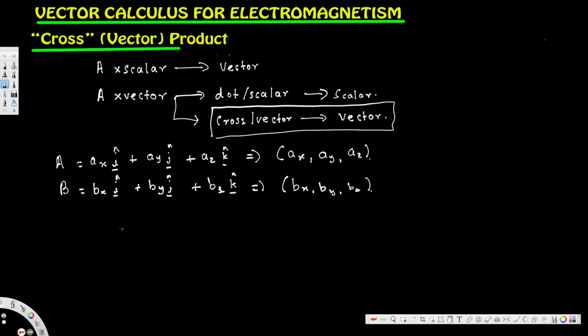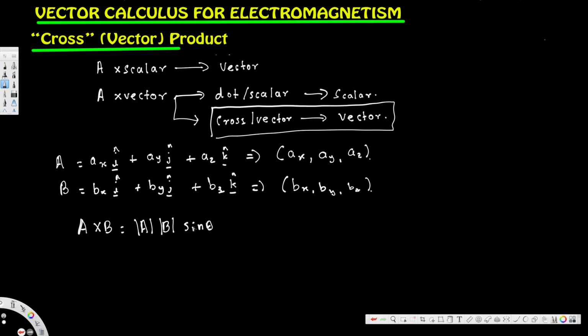When we do the cross product, a cross b is equivalent to magnitude a, magnitude b, sine theta. For the dot product, we have seen that it is magnitude a, magnitude b, cos theta, but for a cross product, it's sine theta.